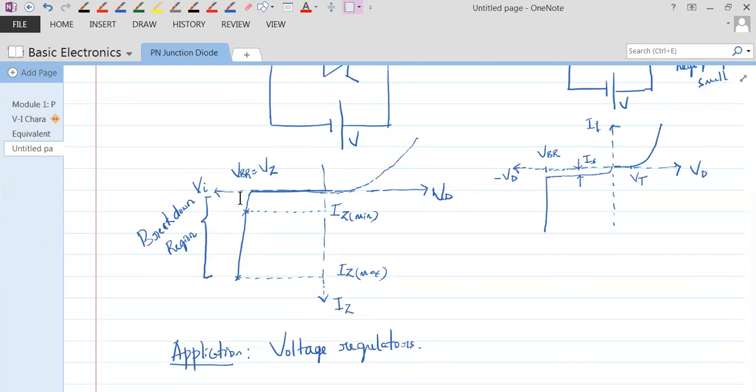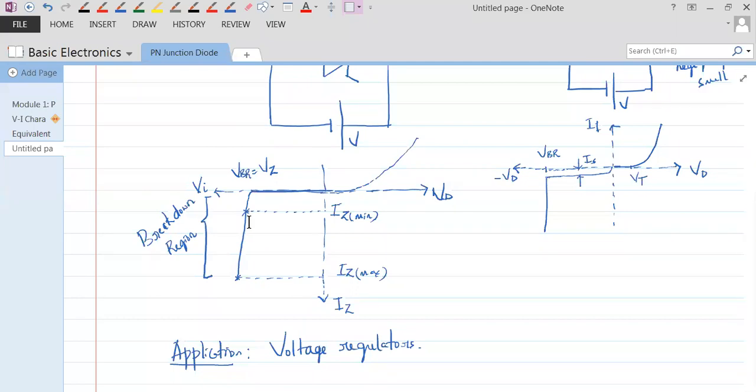But since the Zener diode is heavily doped, it can withstand this very high current, but there is a limit. What is the limit? This is Iz minimum, this is Iz max. Can you tell me the limit of this breakdown current which the Zener diode can withstand? Anybody would like to comment on that?